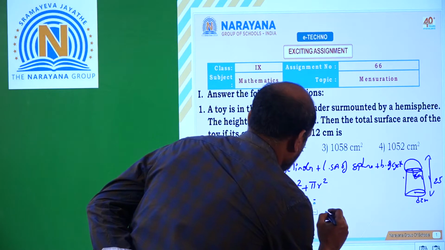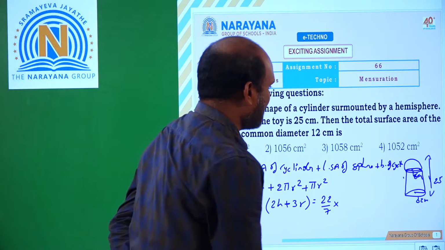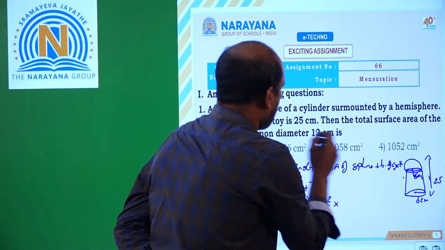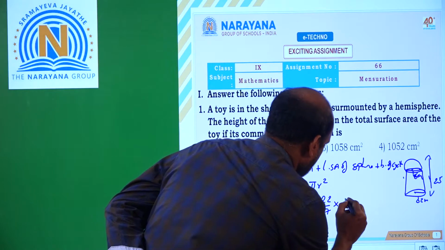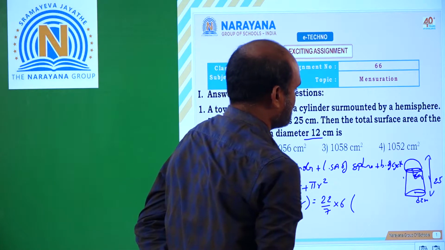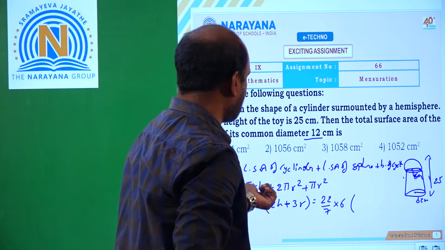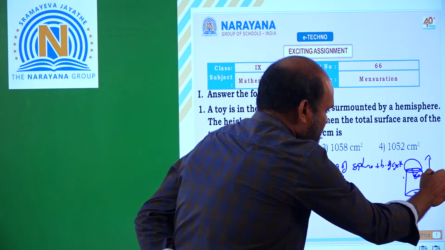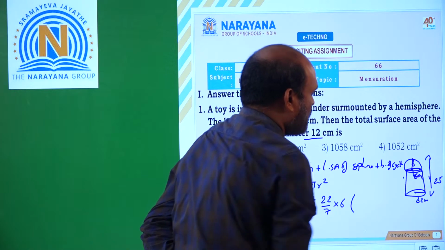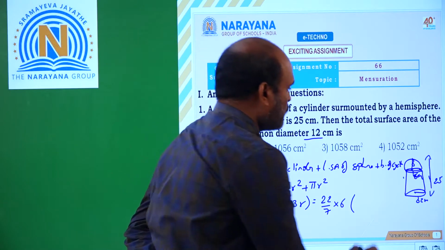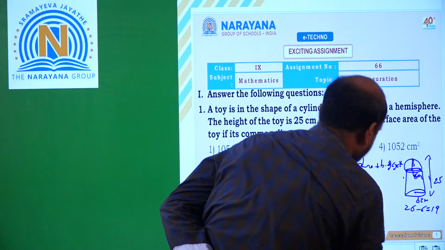So that is equal to pi, which is 22 by 7, into r. Diameter is 12 centimeters, so radius is 6 centimeters, into 2h, where h is the height of the cylinder. Total height is 25, the height of the hemisphere is 6, so height of the cylinder is 25 minus 6, that is 19.